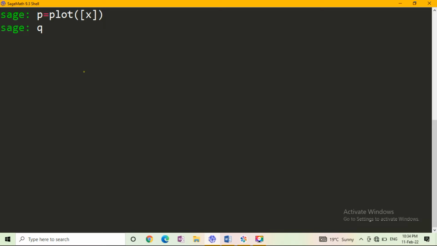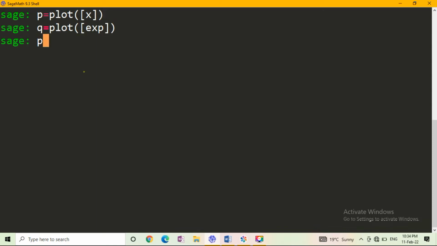Next you write q is equal to plot, and in parenthesis you write exp, which means exponential, e to the power x. Then press enter.